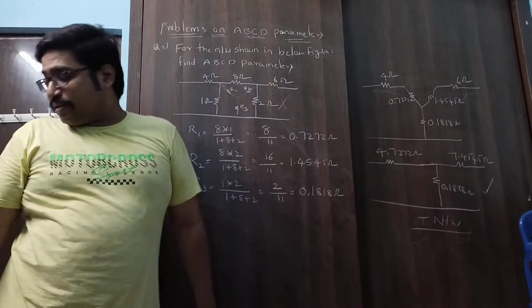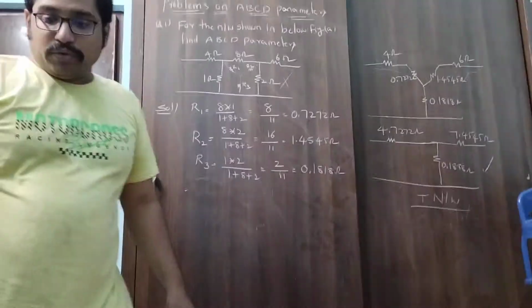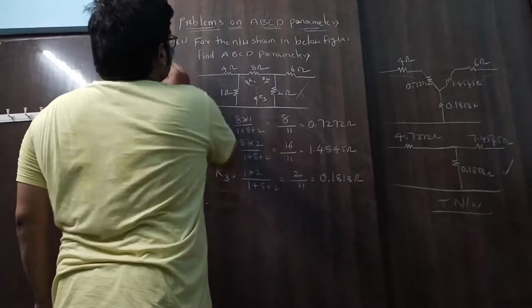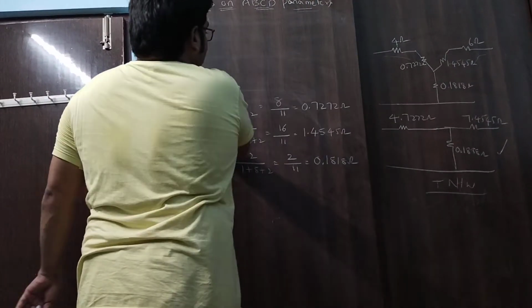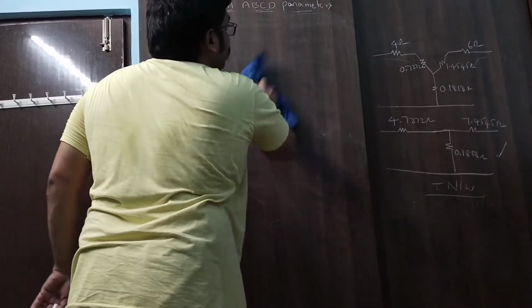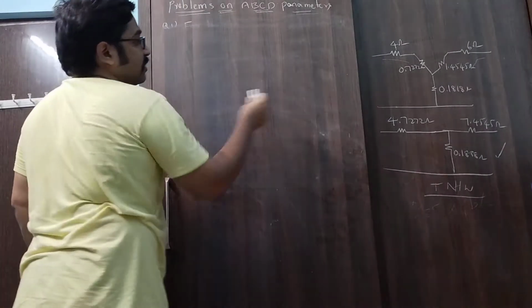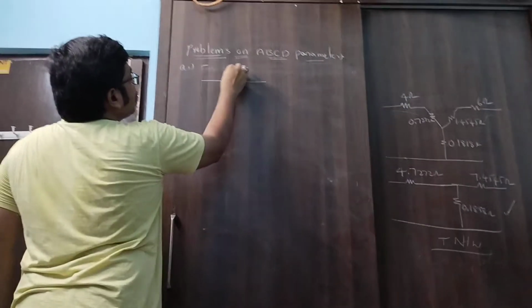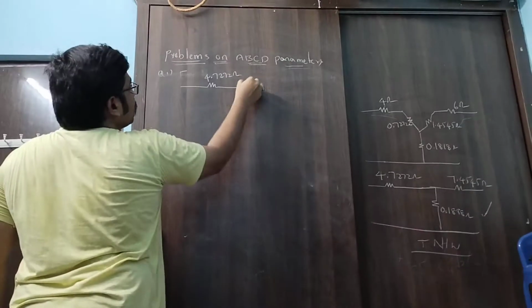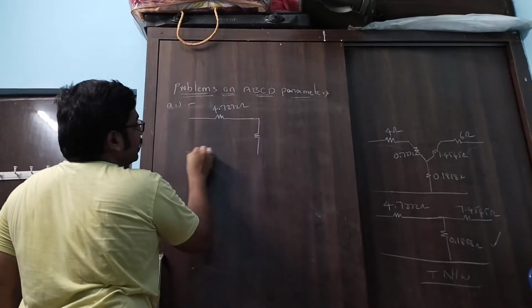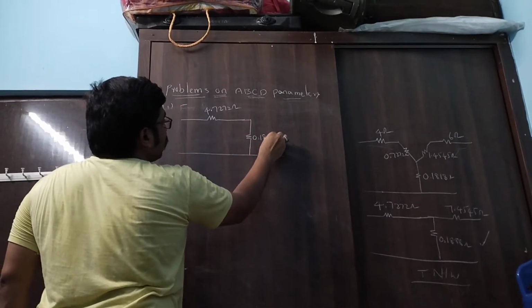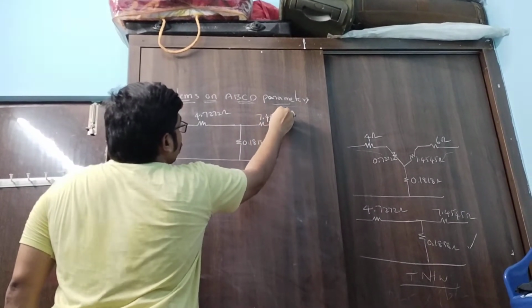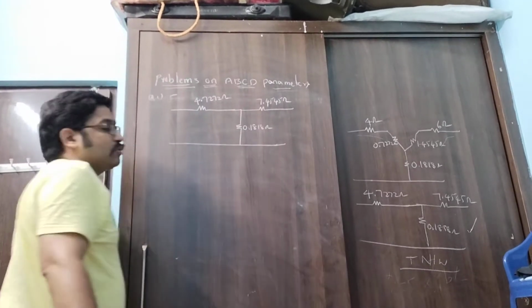Let us erase this and draw this circuit: 4.7272 ohms, then 0.1818 ohms, and then 7.4545 ohms. Now this is your T network.